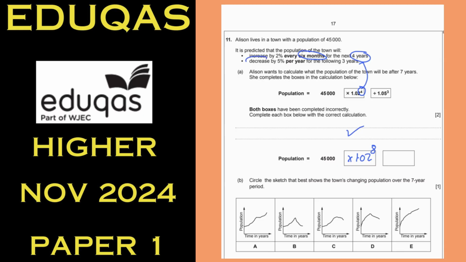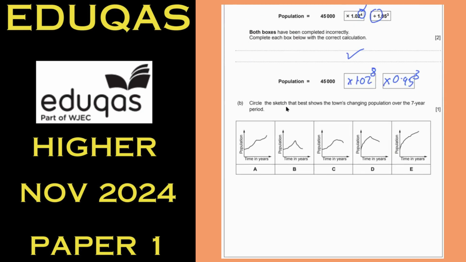Next, to decrease something by 5%, you do not divide. It's always multiply. But to decrease by 5%, your multiplier is 0.95. That's the mistake that Alison has done incorrectly.